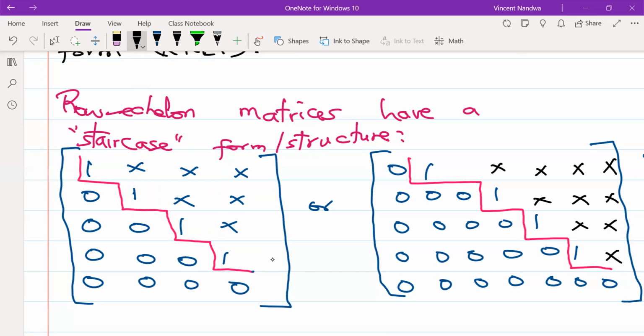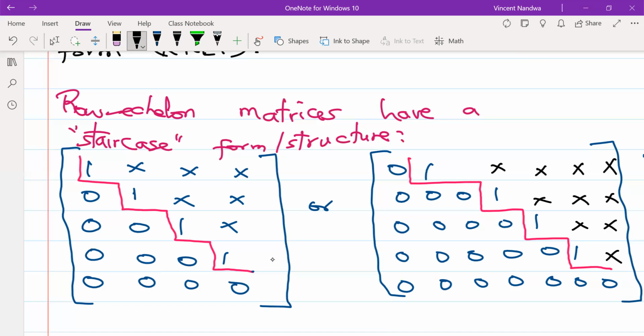Now, if you are to convert these matrices I have drawn here to reduced row echelon form, then you ensure that all those stars, or all those x's I have drawn in the staircase, are zeros, such that any row that has a leading one, that column will only have zero elements.